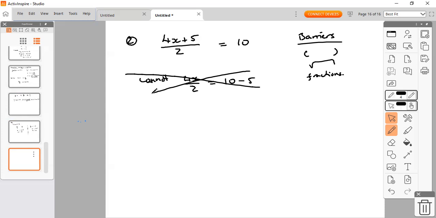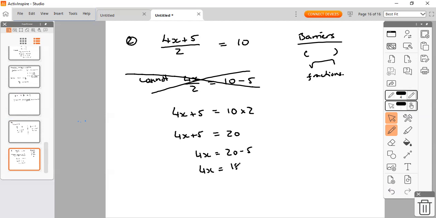We need to deal with that fraction first and move that across. Then we deal with addition. Then we deal with the multiple to isolate the x.